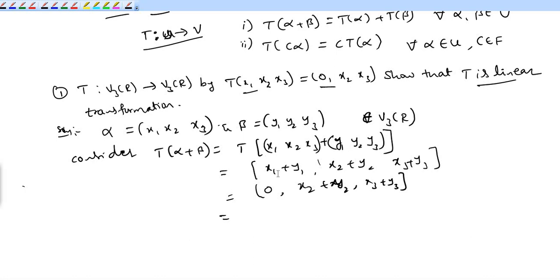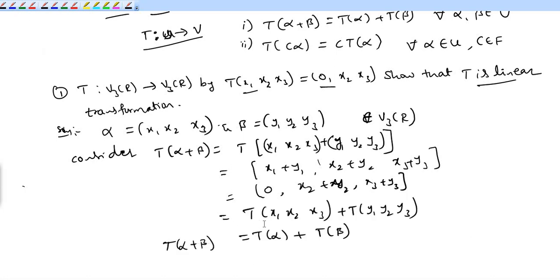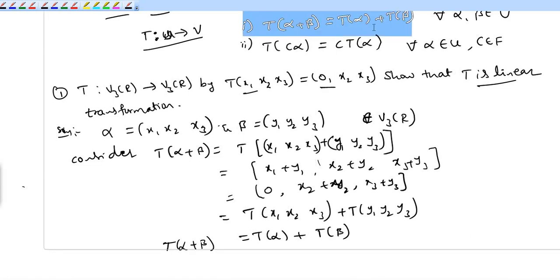By using the given function, we can write it as 0, x2 plus y2 and x3 plus y3. So this is T of x1, x2, x3 plus T of y1, y2, y3. Therefore, T of alpha plus beta can be written as T of alpha plus T of beta. So the first condition is satisfied.